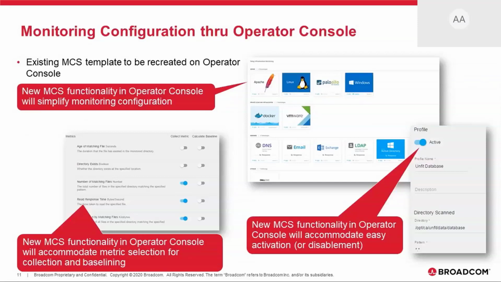One of the bigger changes which is happening for good in UIM 20.3 is around monitoring configuration. So we are continuing with our vision of zero touch configuration, what we started based on MCS. So we're taking this as an opportunity to simplify that process by introducing a setup wizard based monitoring configuration where users would be able to configure monitoring with minimum clicks.